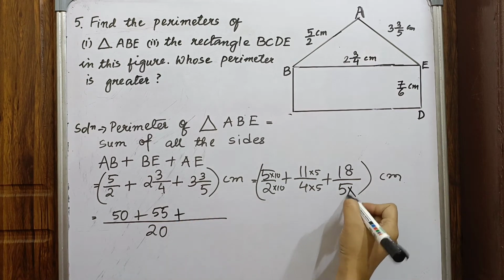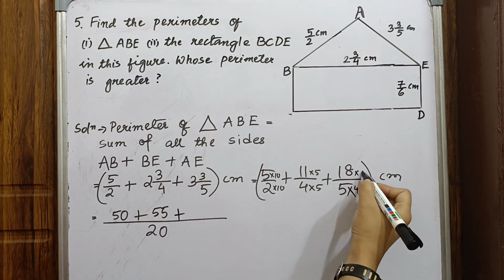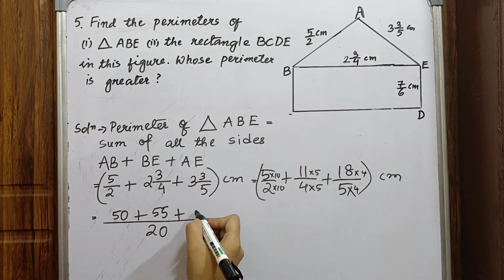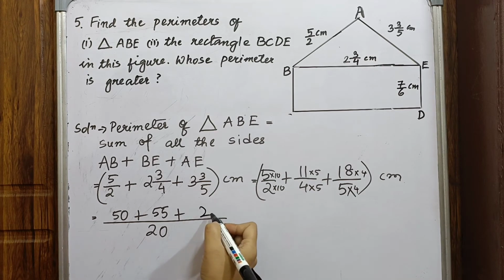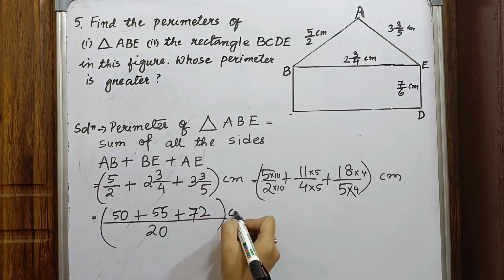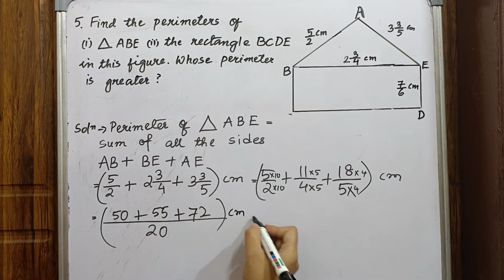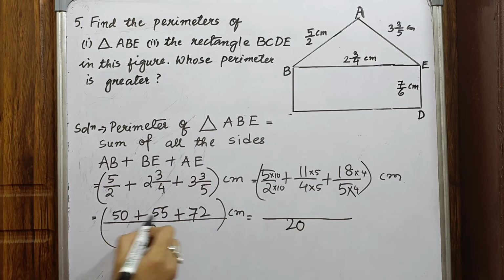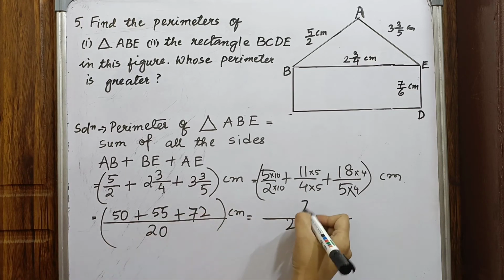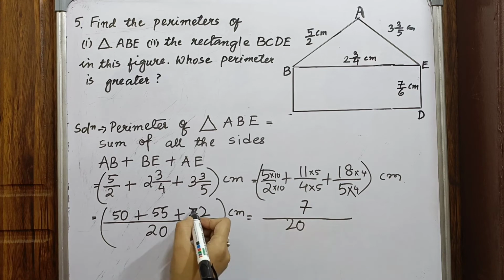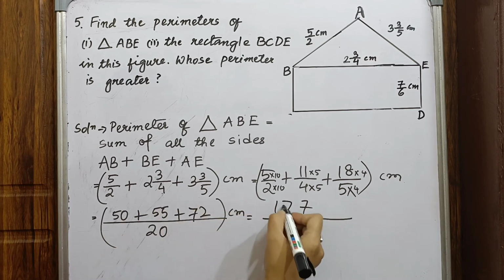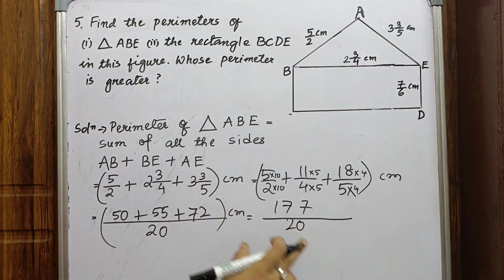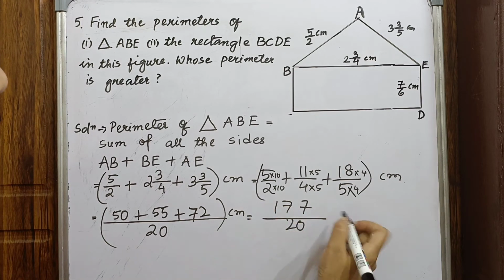Now 5 into 4 is 20, 18 into 4, 8 4s are 32, 72, whole of centimeter. Now it is 20 here and the numerator is 177. So you divide this 177 by 20. You write your centimeter.